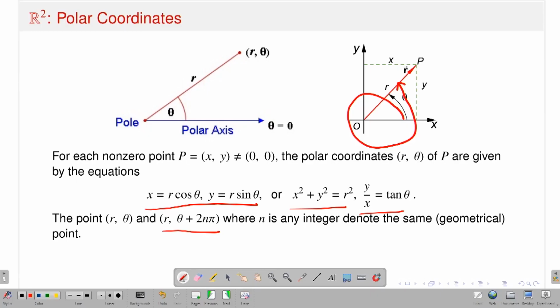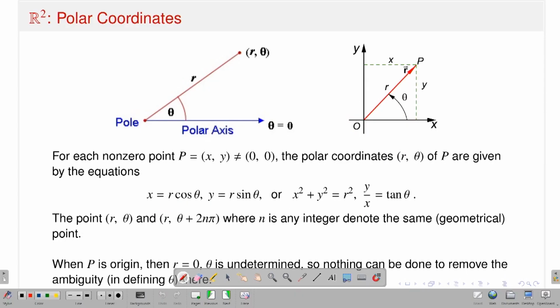Thus theta is not a unique number; adding any integer multiple of 2 pi gives the same angle. Before going further, when P is the origin, r becomes 0 and theta is undetermined. These polar coordinates are defined only for non-zero points.